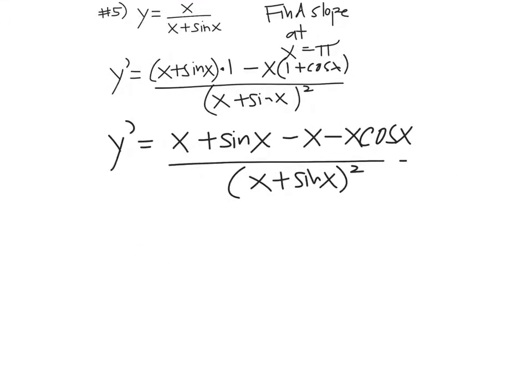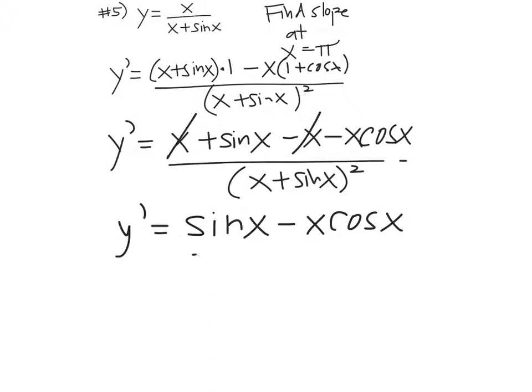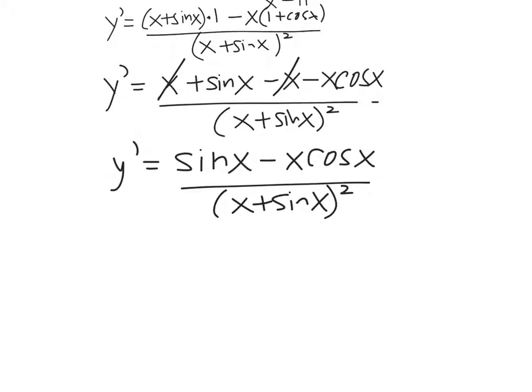Now the x's are gone, and you end up getting y prime equals sine x minus x cosine x all over x plus sine x squared. It is pretty nasty, but that's as simplified as we can get it.